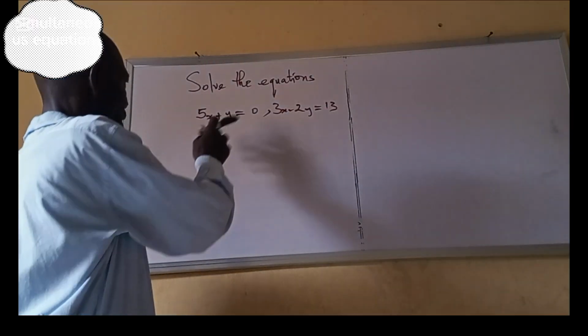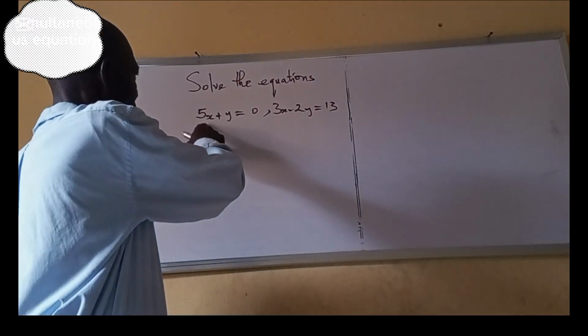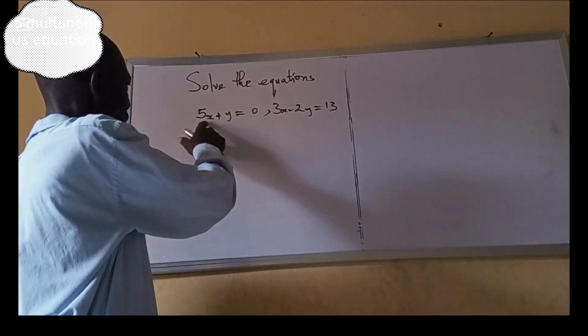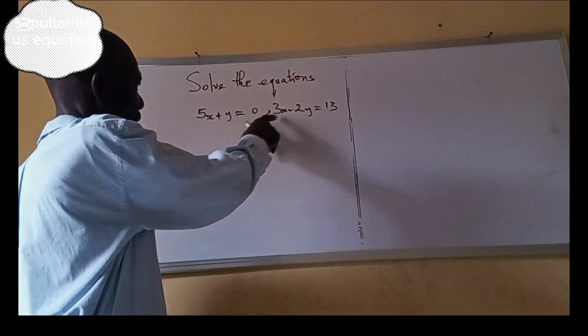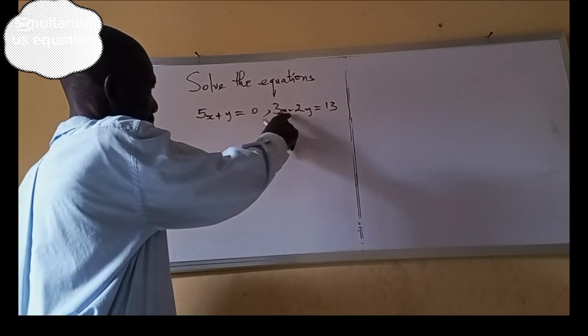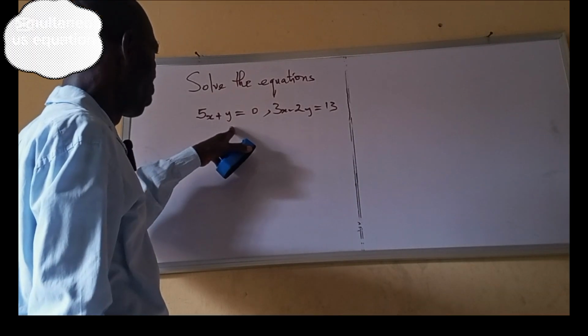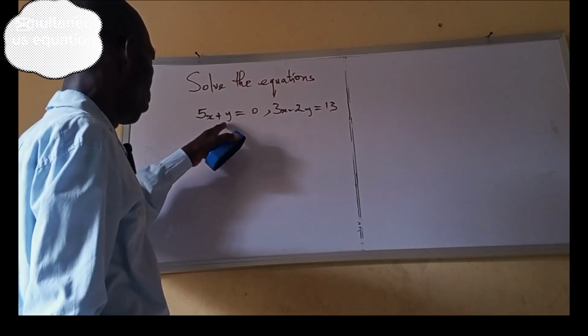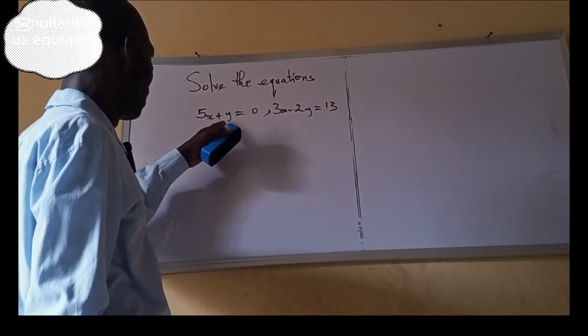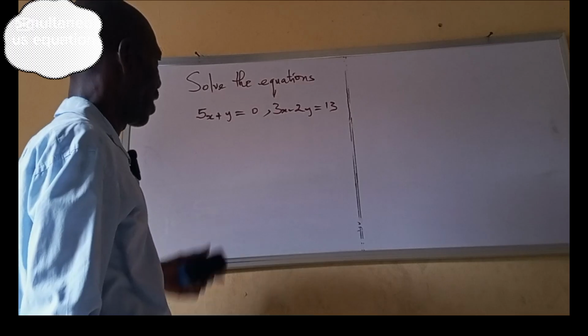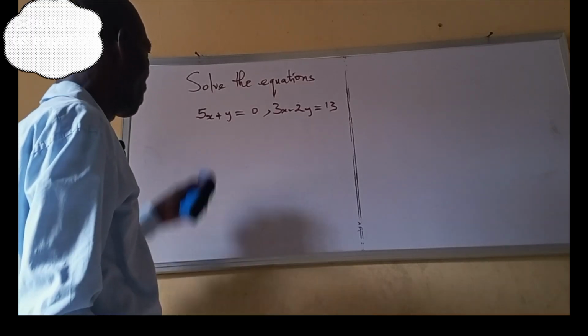If you look at this now, you see that the first equation is 5x plus y is equal to 0. The second equation is 3x minus 2y is equal to 13. So one of the equations has a variable with 1 as coefficient, which is equation 1.